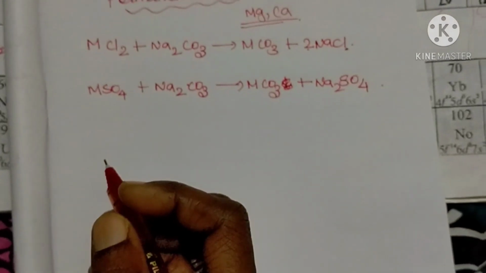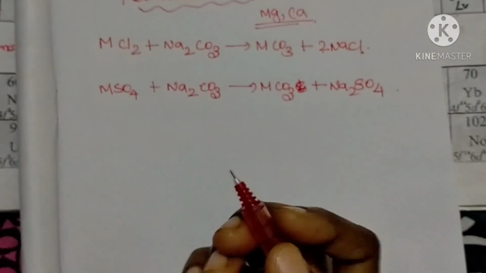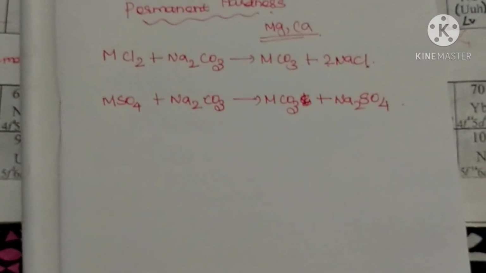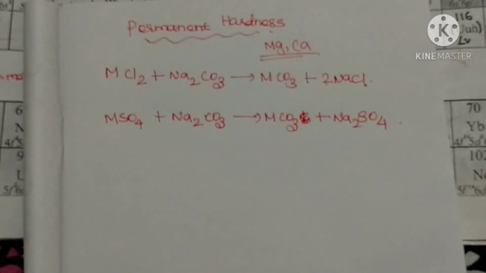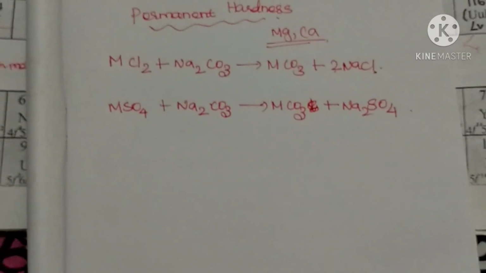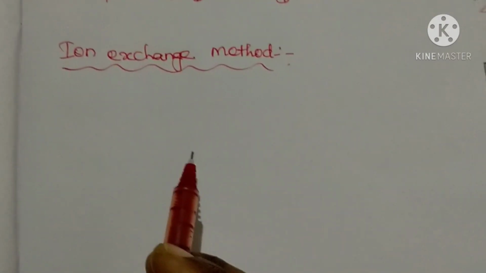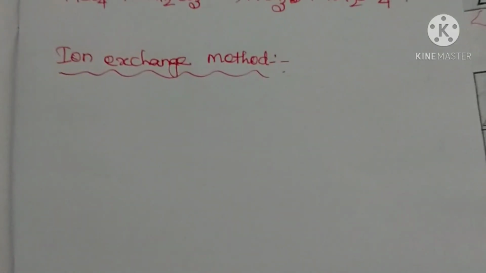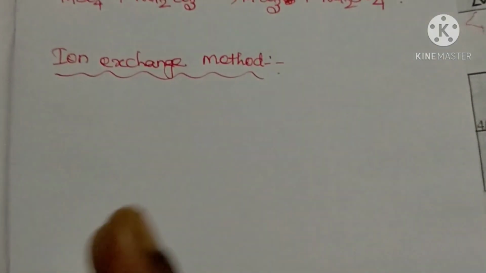This is one type, and we use another method to remove the permanent hardness from permanent hard water, the ion exchange method with zeolites or ion exchange beds.